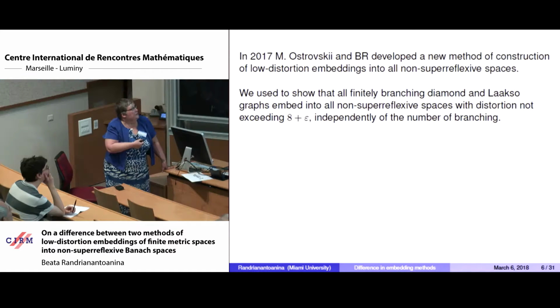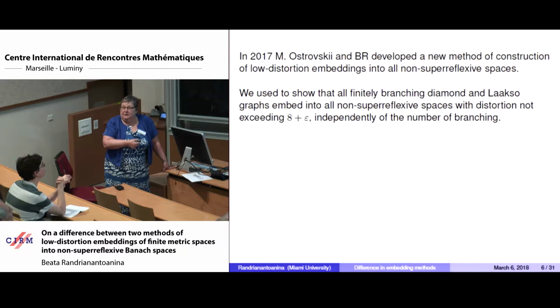And we use that method to show that finitely branching diamonds, I will later define what it is formally, but it's kind of like a diamond, except we have 50 branches instead of 2, or 50 million branches, however many we like, so we proved that they can be embedded with the distortion independent of the number of branches.